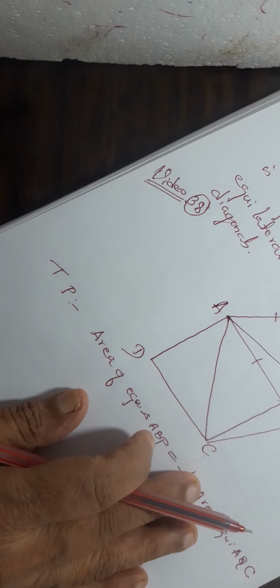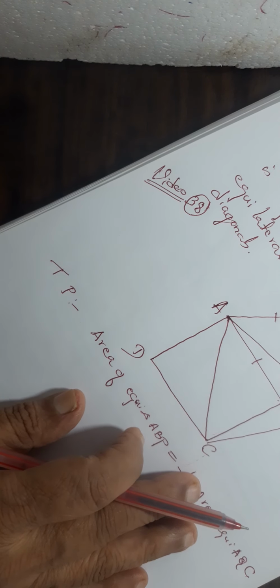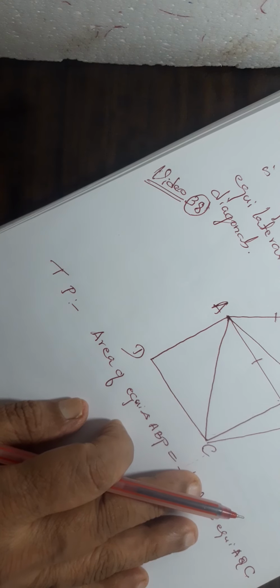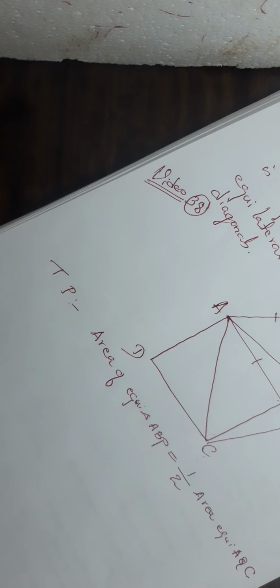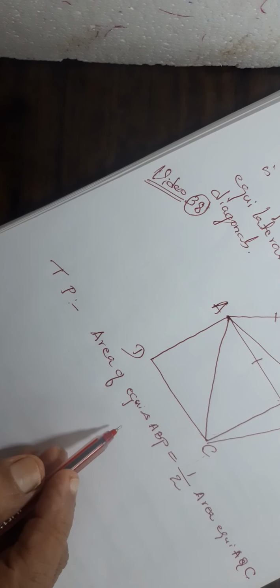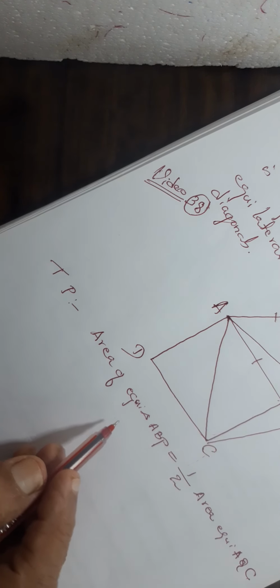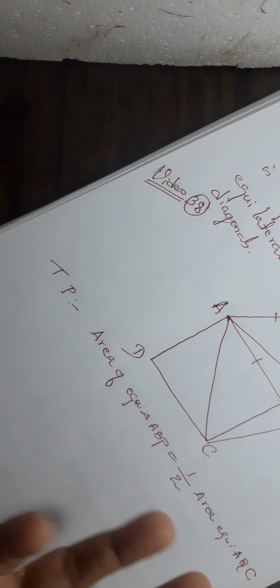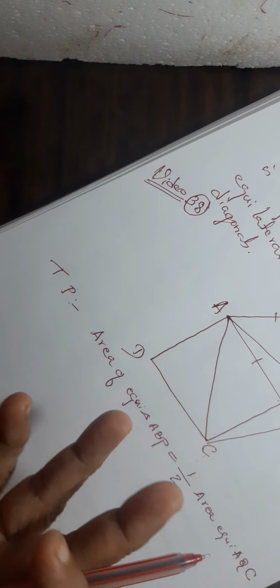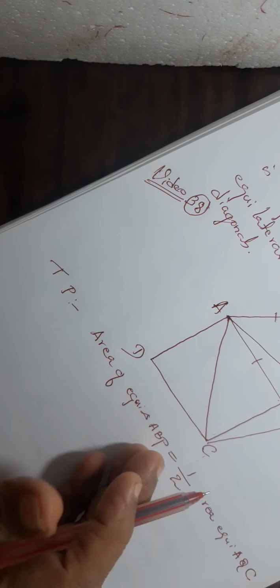You have learnt in the very beginning that two equilateral triangles are equiangular, all 60, 60, 60. Of course sides will be equal, but they can be of different size, because for similarity they can be of different size.